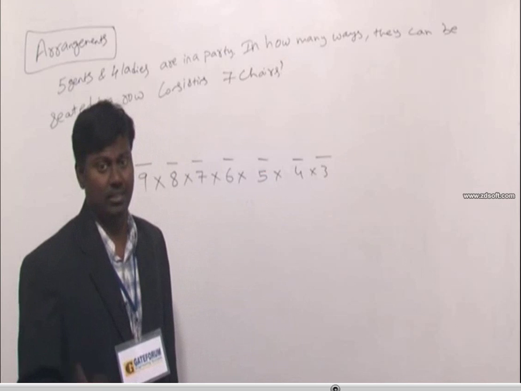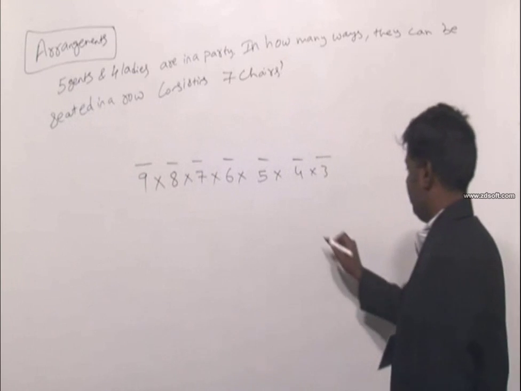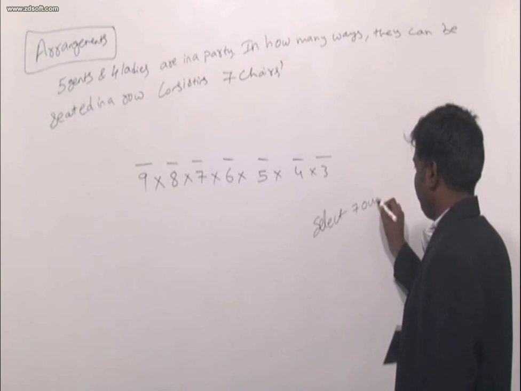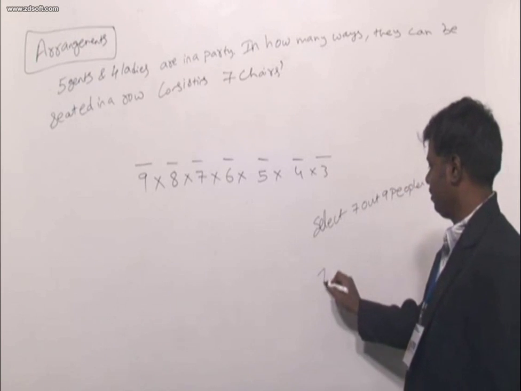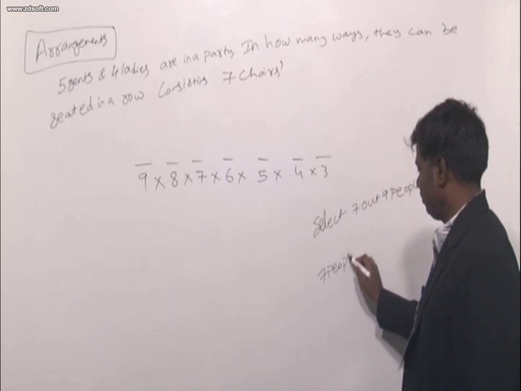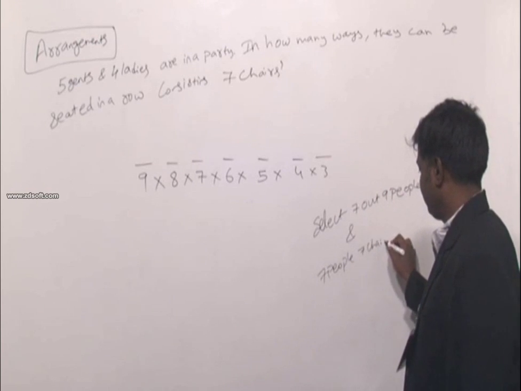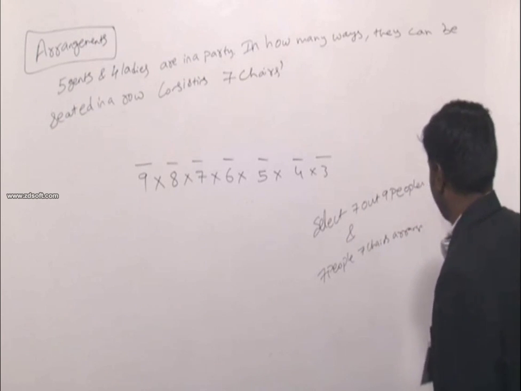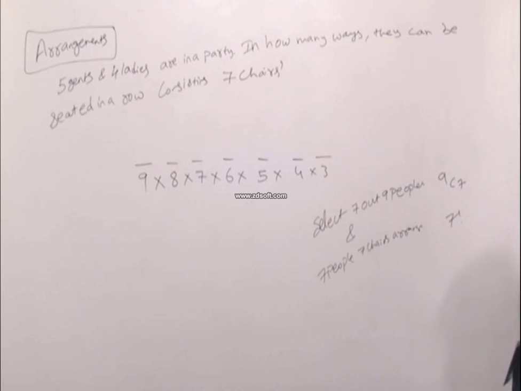But if you wish to generalize this, how can you do that? One method is you select 7 out of 9 people. Then you will have 7 people, 7 chairs arrangement. Now this is possible in 9C7 ways, and this is possible in 7 factorial ways.